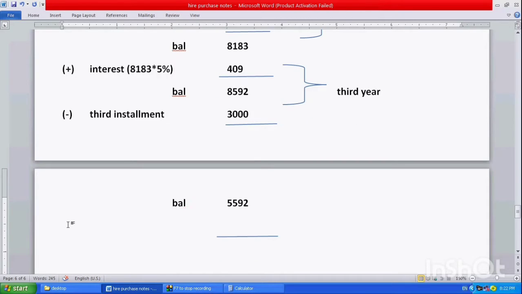Okay, fourth year interest. So plus interest. Now we have to calculate on 5,592 into 5%.